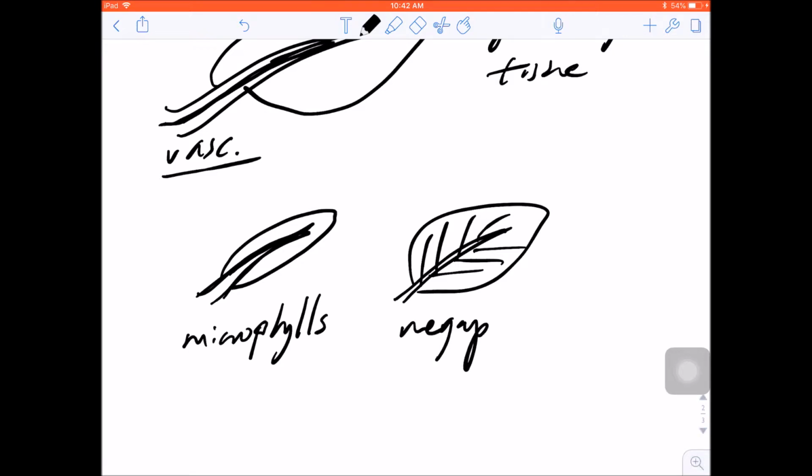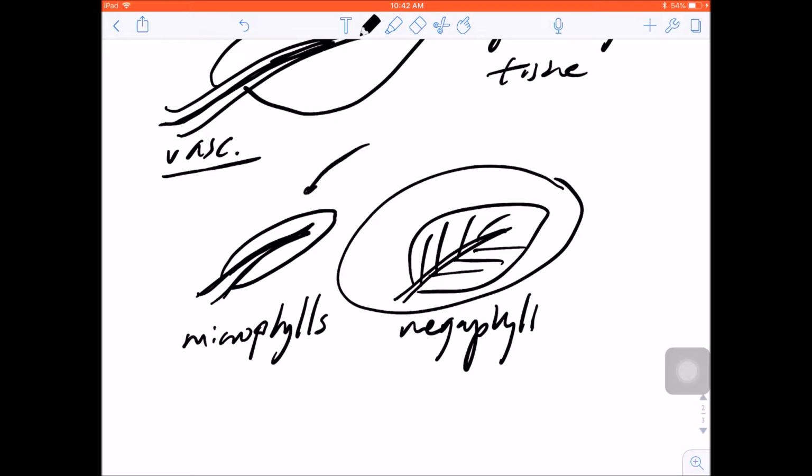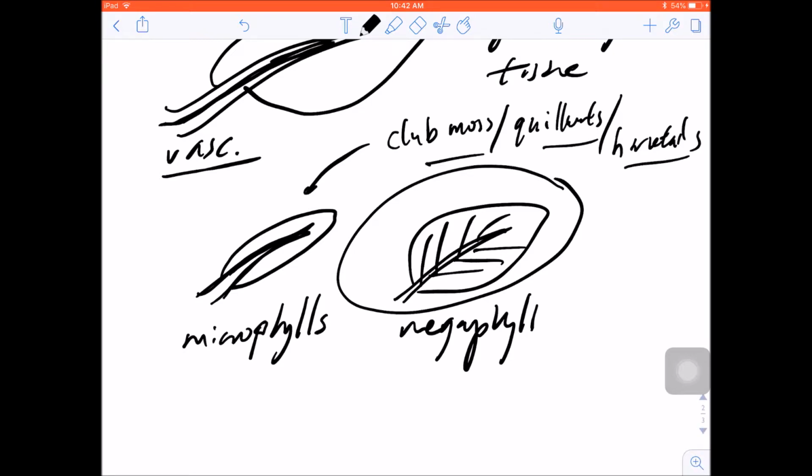And these are the main leaves that we see in most plants. Microphylls mostly dominate the leaf structure of the club mosses, quillworts, and the horsetails. Okay?